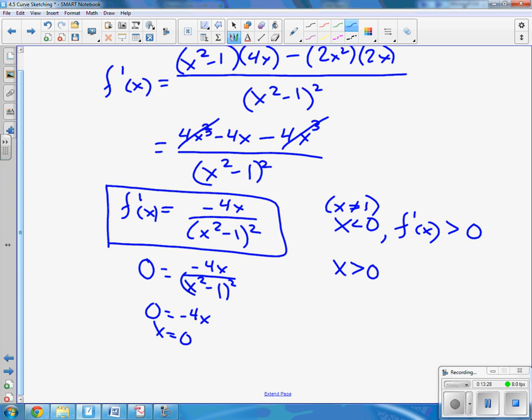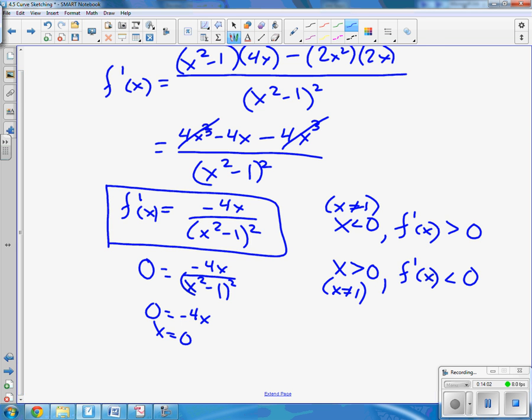I look back at my derivative, so the numerator is going to be a negative value. The denominator is always positive, so that produces a negative, which means the derivative is less than 0. And for this one, x cannot equal positive 1. All right, so now I know where my intervals are for increasing and decreasing. Since f prime of x is greater than 0 when x is a negative number, that's where it's increasing.